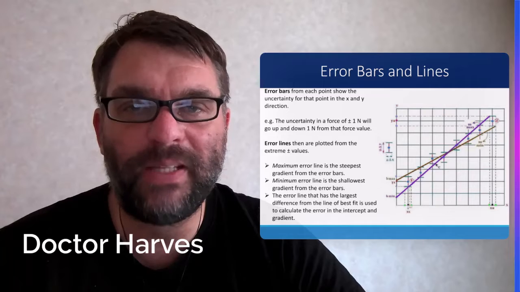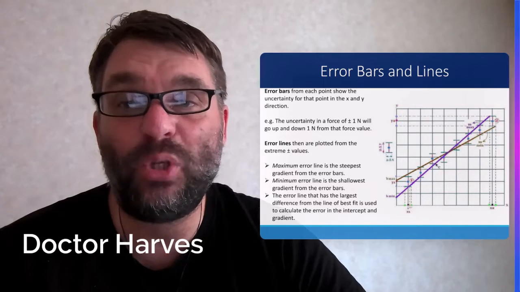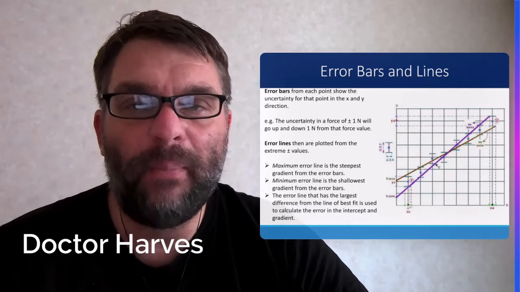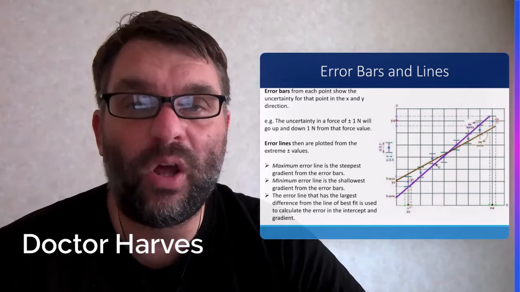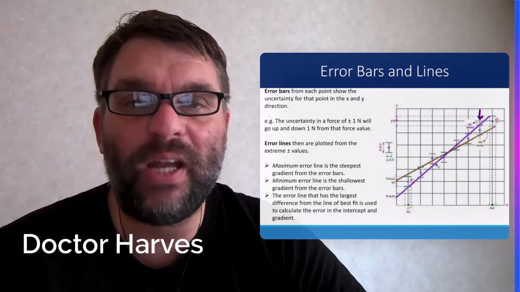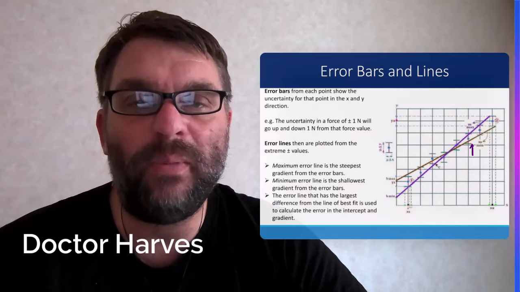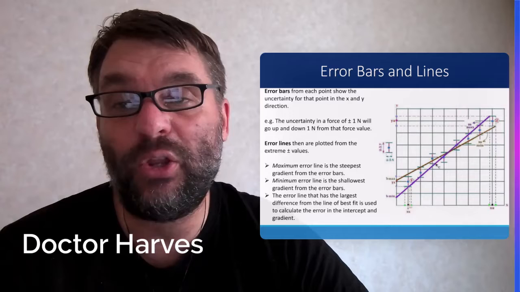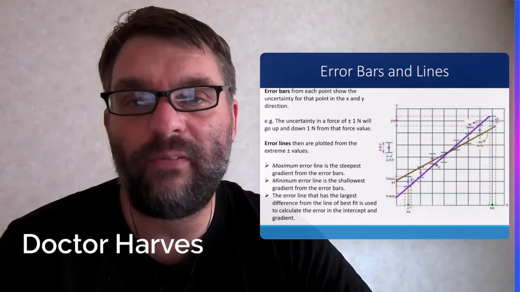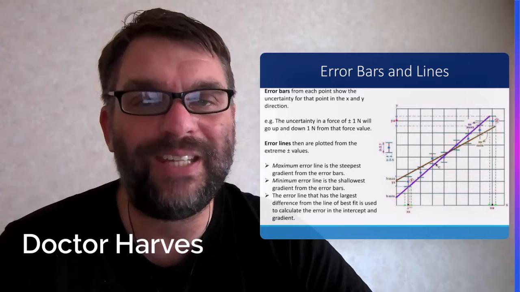So the error lines are basically plotted as the extreme values of the plus and minus values, the absolute uncertainty. And then for your second graph, you will need to also plot a maximum error line, which is essentially the steepest gradient from the error bars that you have generated, and a minimum error line, which is the shallowest gradient from the error bars you have generated. So you need 3 lines essentially for your second graph: a maximum error line, a minimum error line, and a line of best fit from your data.